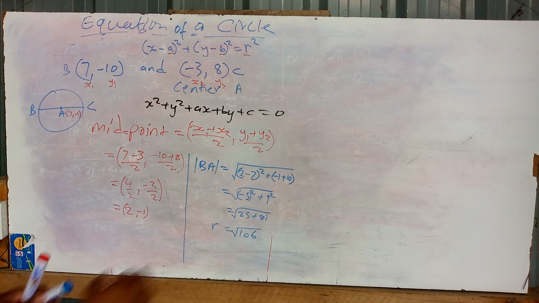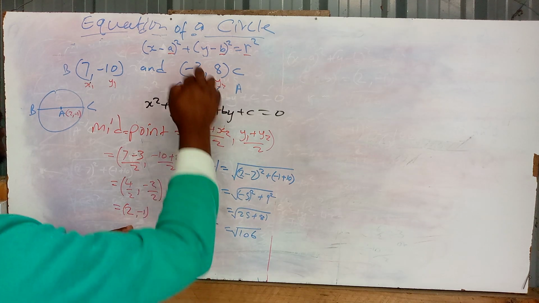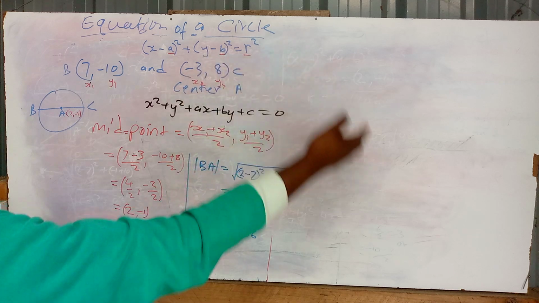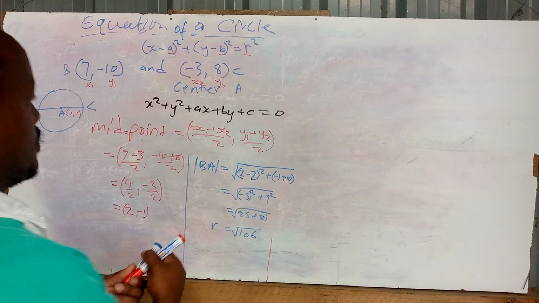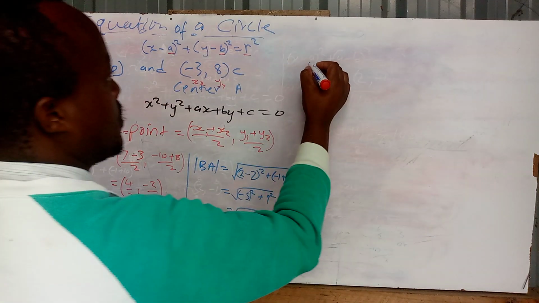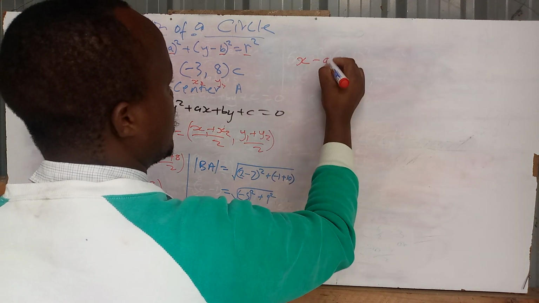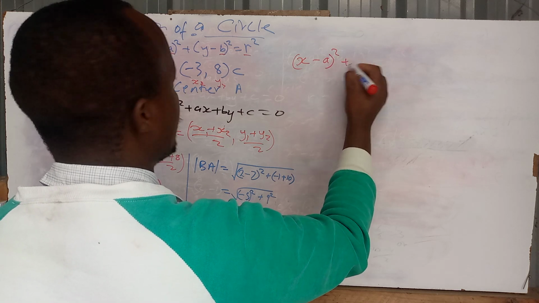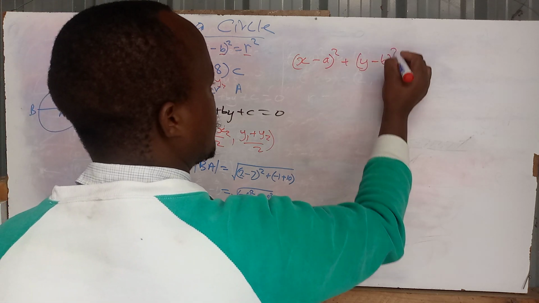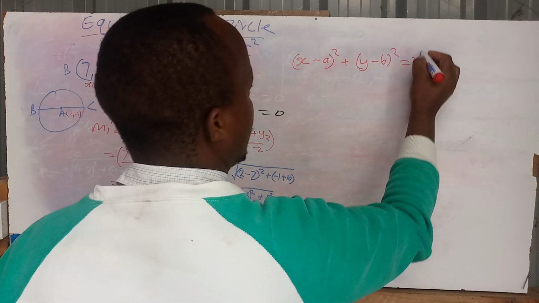Now, having the radius and a and b, we can put them in and get the equation. So how do we go about it? We have the equation in this form: (x minus a) squared plus (y minus b) squared is equal to r squared.